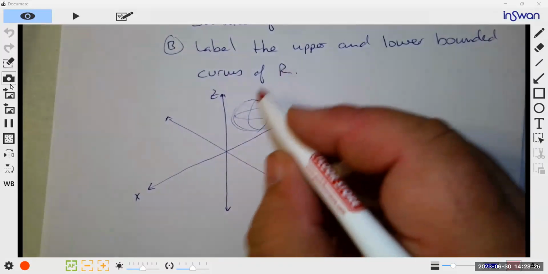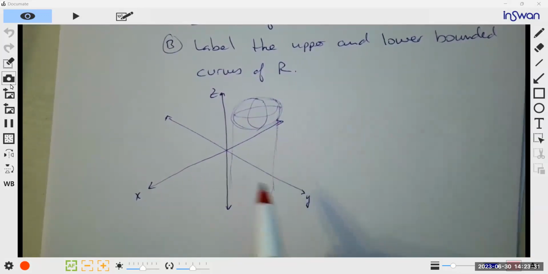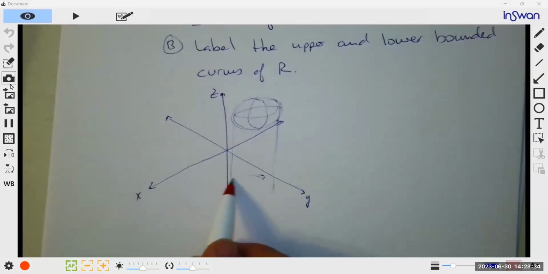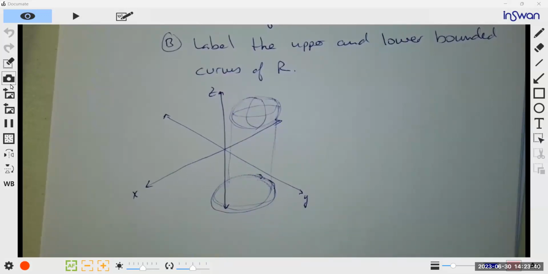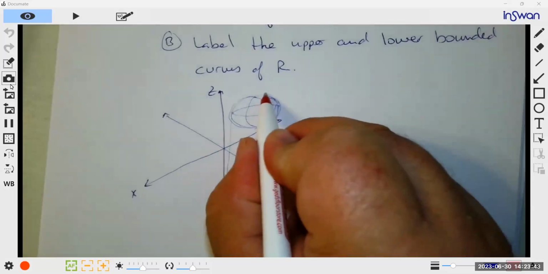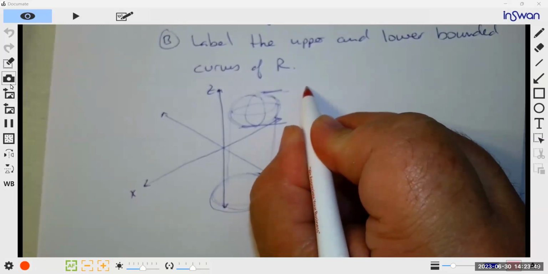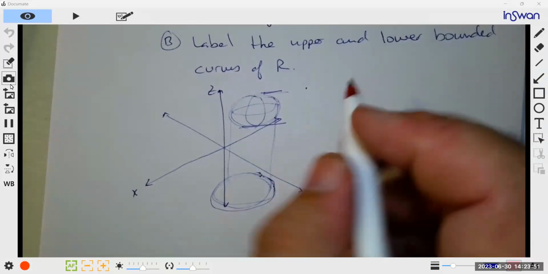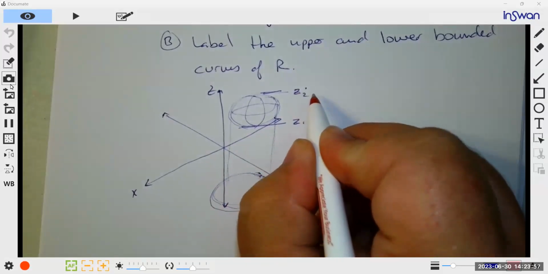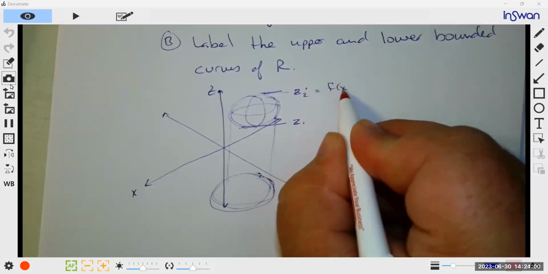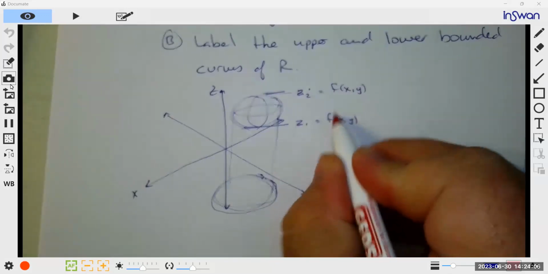Since we're doing dz, dy, dx, we project down on the xy plane the shadow of the sphere. Here, we have our upper and lower bounds, z1, z2. That's function 1, function 2.